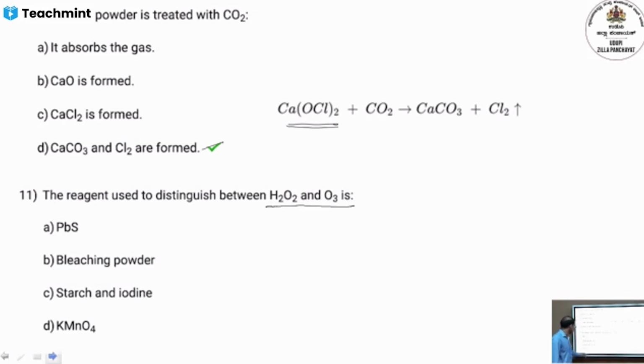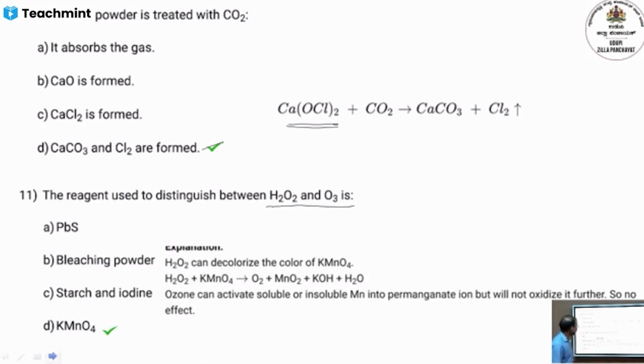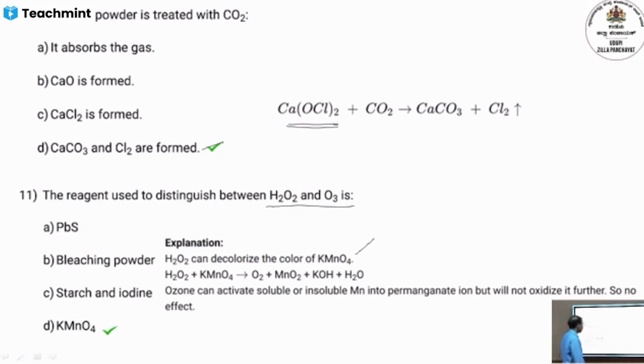So here the answer is KMnO4, because when you look into the oxidizing ability, H2O2 can decolorize the KMnO4 according to this equation, whereas ozone can activate only the soluble or insoluble manganese into permanganate ion, but it will not oxidize. So it is not strong enough to oxidize the KMnO4, whereas H2O2 can oxidize the KMnO4. Therefore, the color changes.